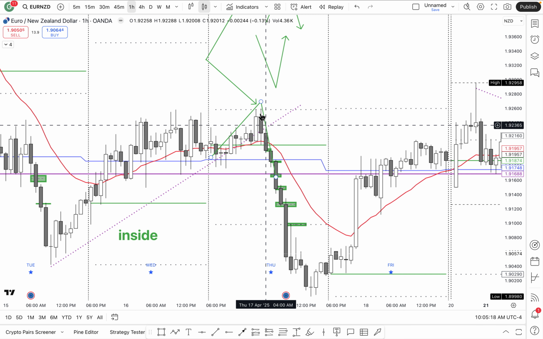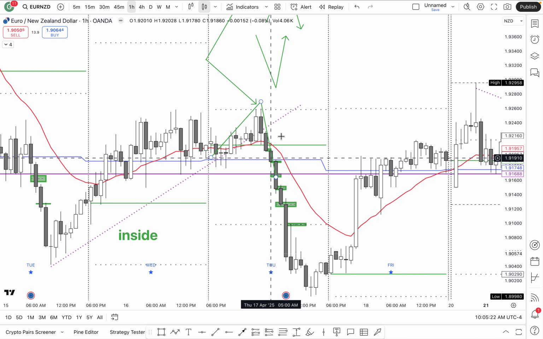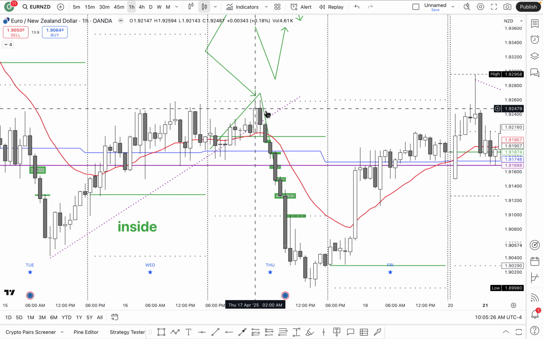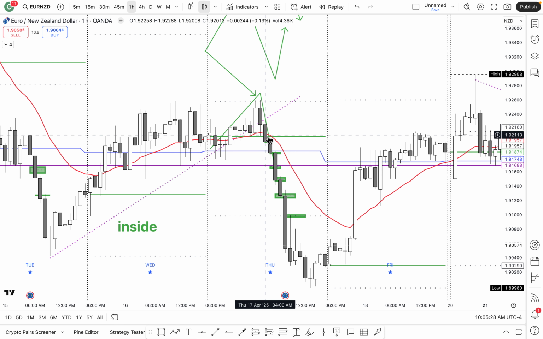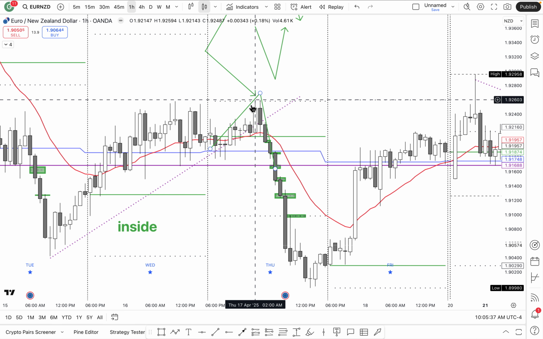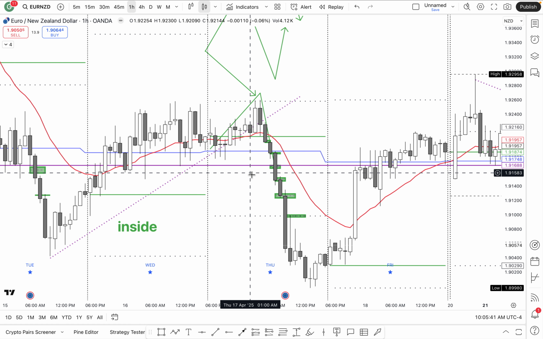Now, what do I want to do in this scenario? I want the bear candles to close underneath the moving average on the 1 hour time frame. Al Brooks, the bear bodies, the bear bars must close near their lows underneath the moving average. So we have a market that has triggered the high of the inside day in a downward moving market on a higher time frame.